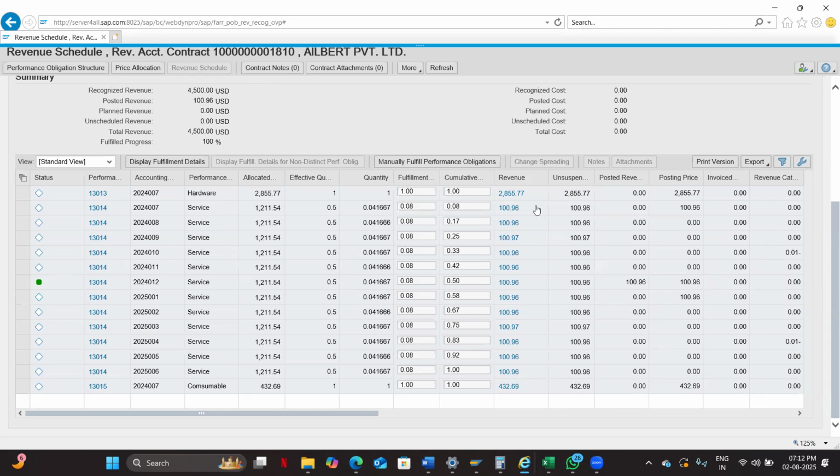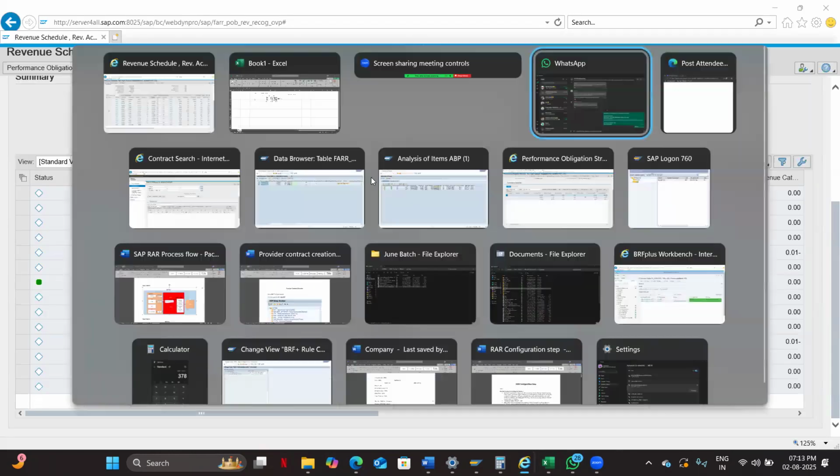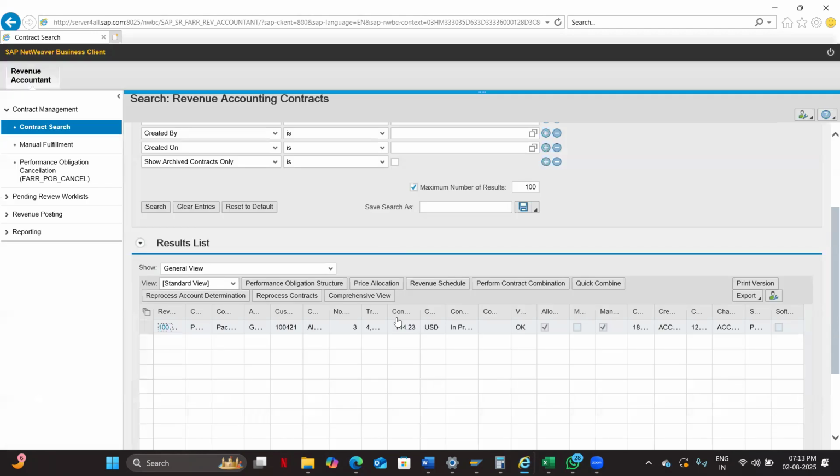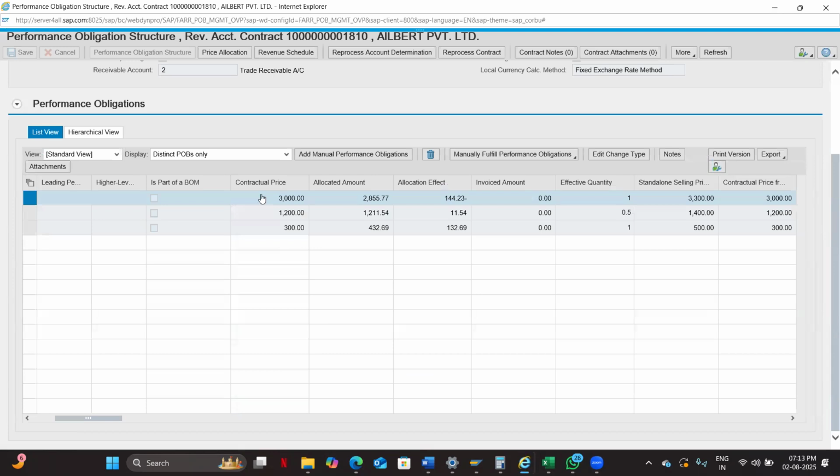You can see how much revenue amount for hardware, which is directly recognized as the full allocation amount. You can see how much allocation amount I calculated. Here is the contractual price, meaning the transaction price.